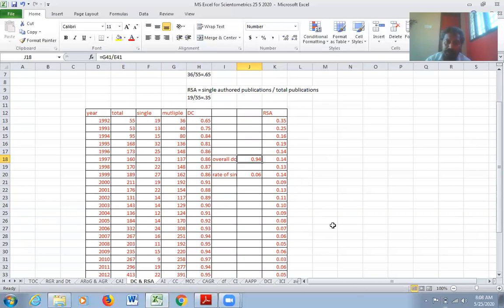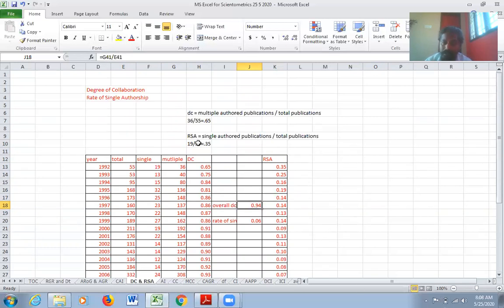In contrast to this, we can calculate RSA, rate of single authorship. In fact, myself and my guide, we have formulated this particular scientific indicator. We have invented this. The formula we have given is single author publications divided by total publications. Okay. For example, in 1992, total publications are 55 and single author publications are 19. So 0.35 is the rate of single authorship.